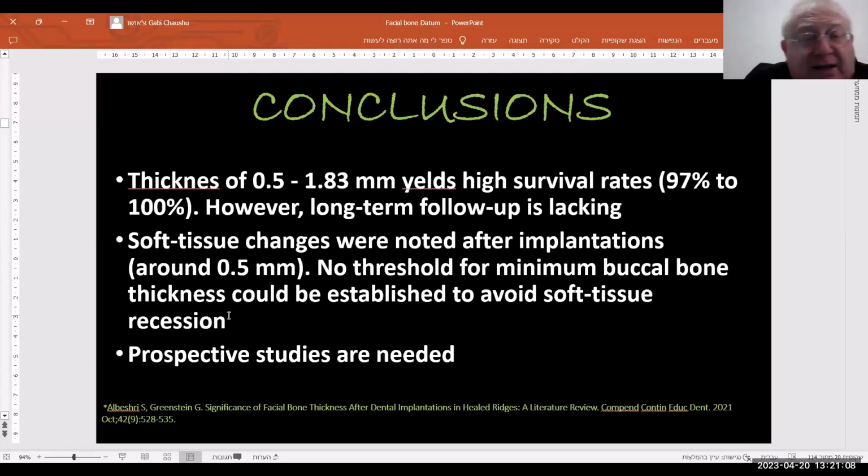So basically, the statements of Grunder were not actually confirmed by data. It was more like a feeling of a very important KOL, but no data supported it. And of course, we still need prospective studies to demonstrate this relationship, this importance, if at all.